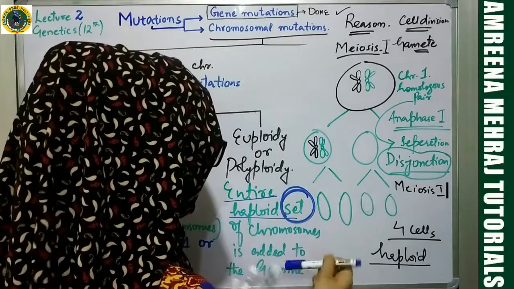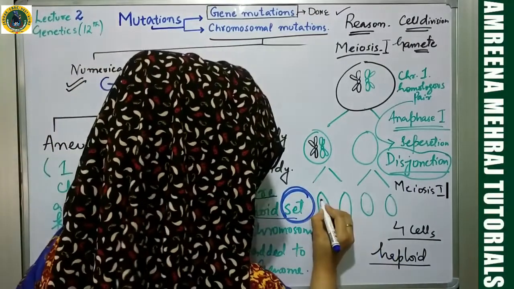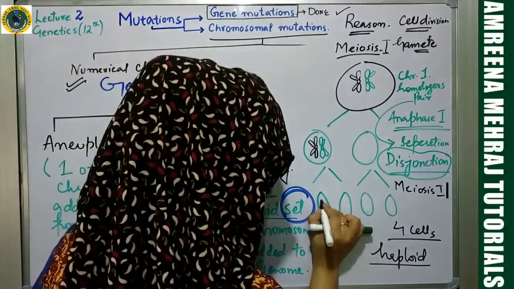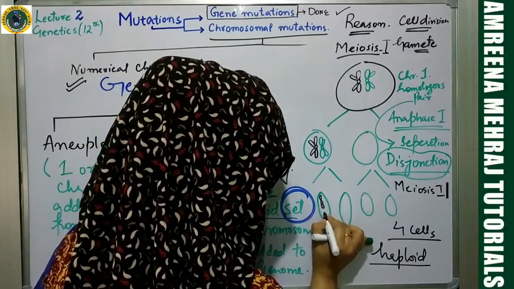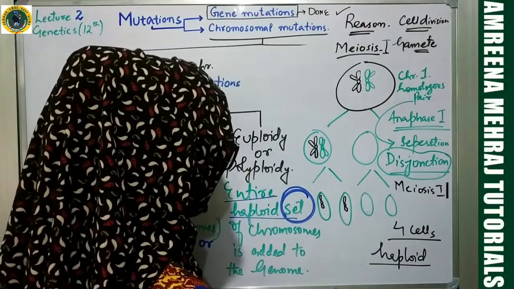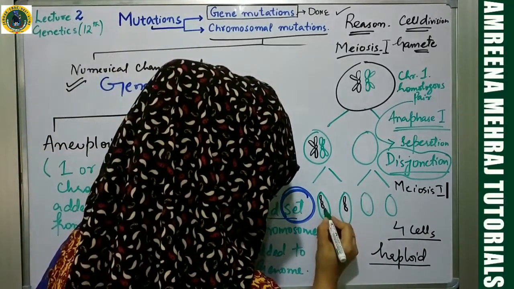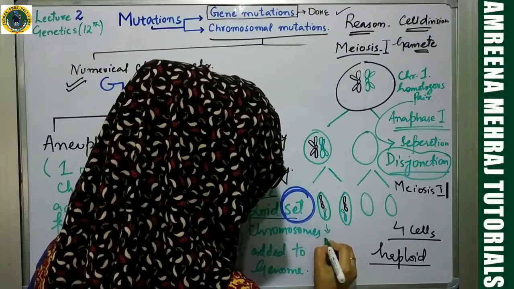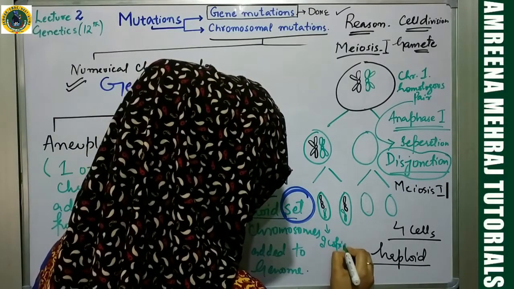This cell will be having 1 copy of chromosome number 1, and the same cell will be having another copy of chromosome number 1. So I will have 2 copies of chromosome number 1.